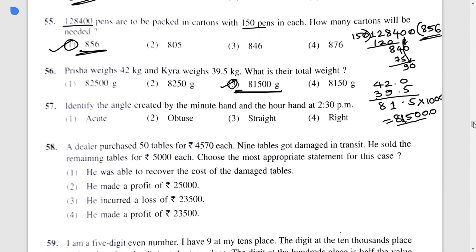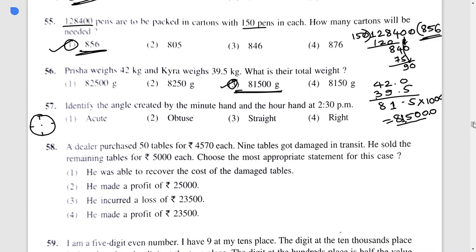Question number 57. Identify the angle created by the minute hand and the hour hand at 2:30 p.m. So you draw a clock here. It will be 3, 6, here 9, here 12.